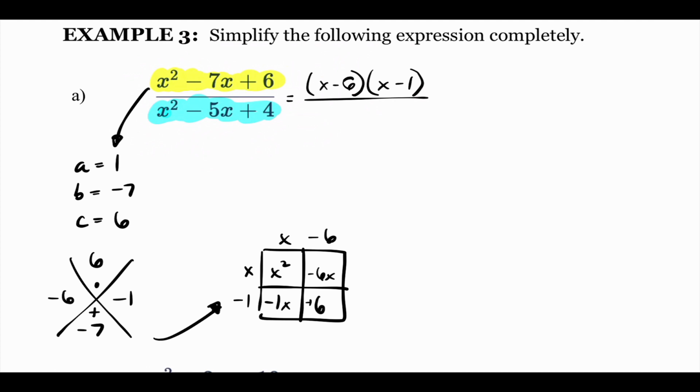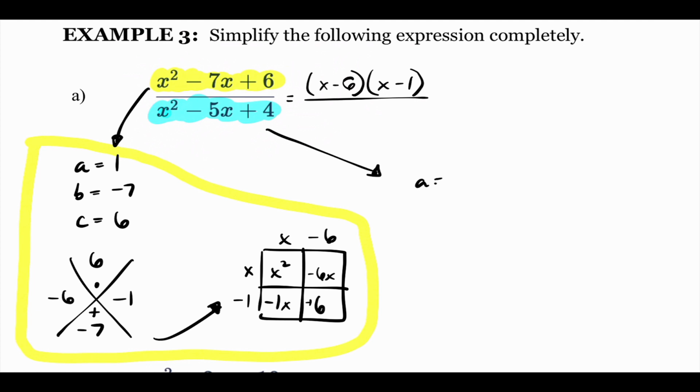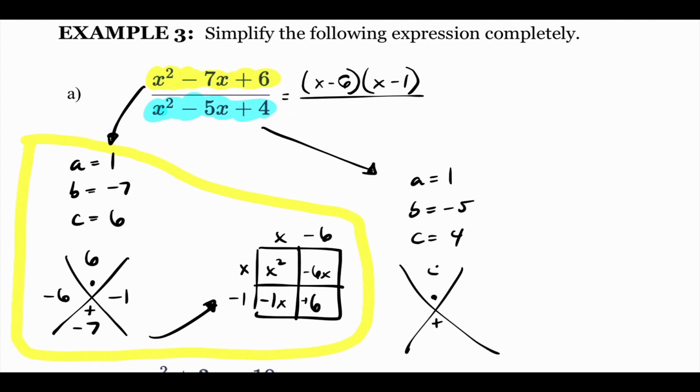Now we got to do the bottom. So that was the yellow. So I'm going to highlight this in yellow. This is how I factored the yellow. Now next to it, I'm going to do the same thing, but I'm going to do it for the blue now. A is 1. B is negative 5. C is positive 4. A times C, 1 times 4 is 4. B is negative 5. What are the two numbers that multiply to be positive 4 and add to be negative 5?